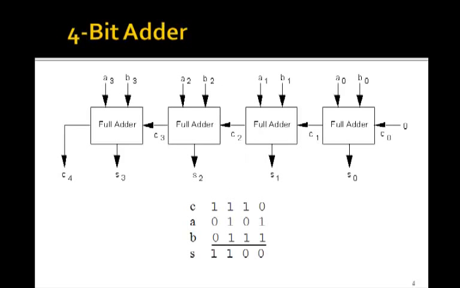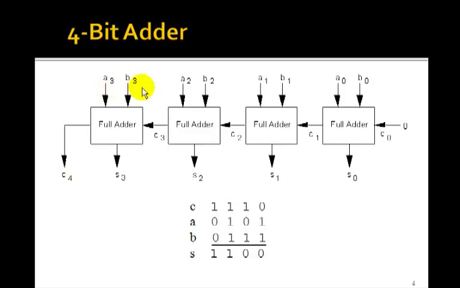And this was the logic circuit we had for a 4-bit adder. 0 carry coming in, we're adding A3, A2, A1, A0 to B3, B2, B1, B0, getting the outputs sum S3, S2, S1, S0, and C4 is the carry out.